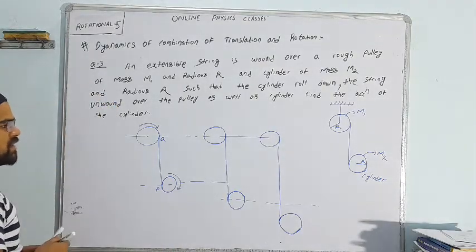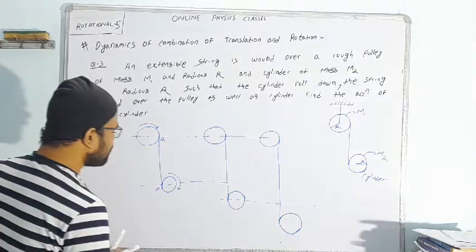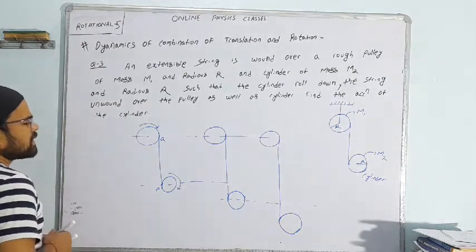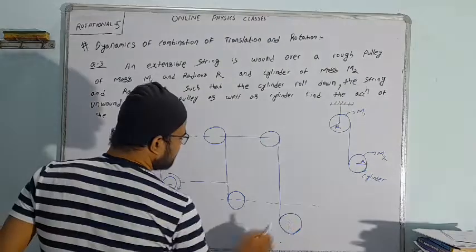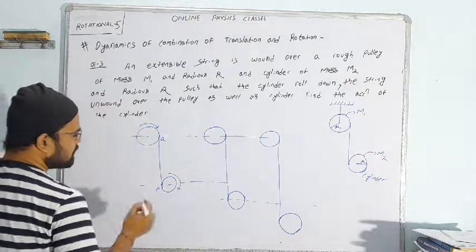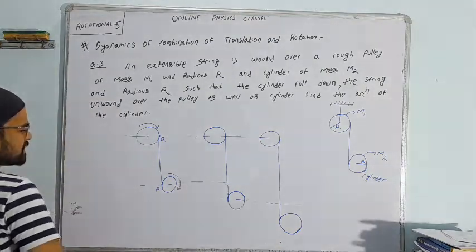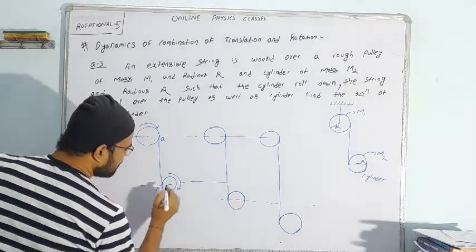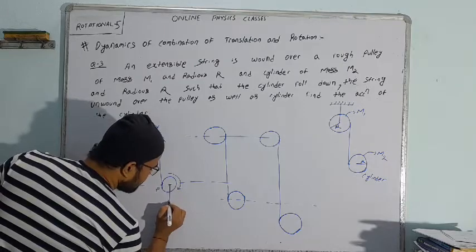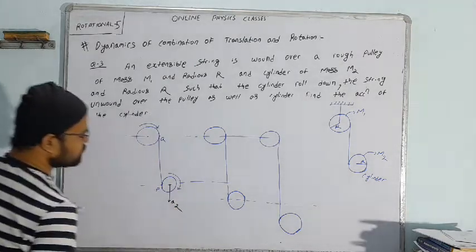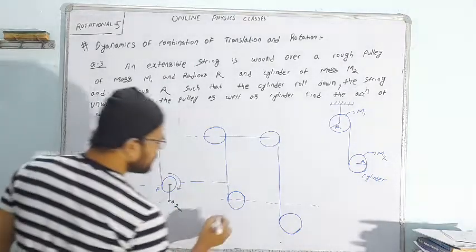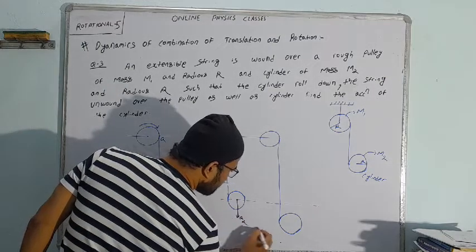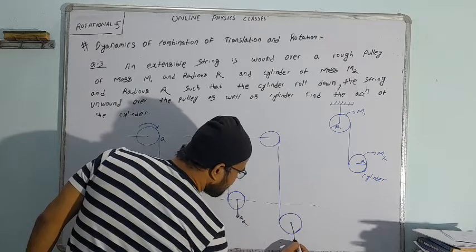First, suppose we want to calculate the acceleration of the cylinder. Suppose the net acceleration of the cylinder's center is a2, so the same acceleration a2 goes downward.